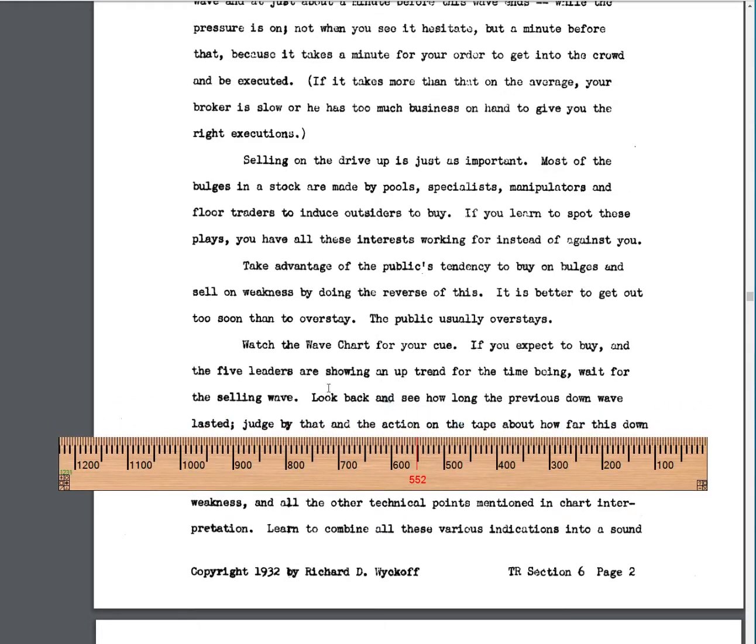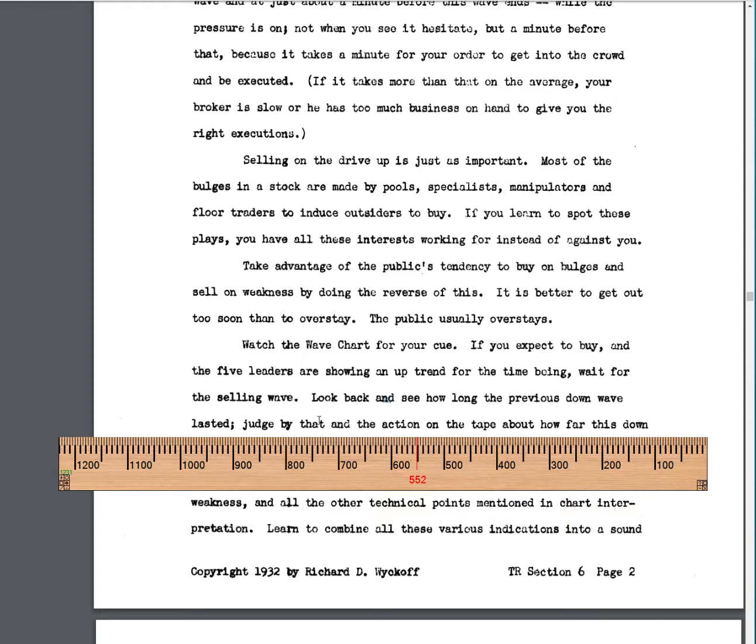So he's trying to measure how long this current down wave is going to last. One measure of this is by looking at the prior down wave. So you saw that the last pullback lasted 15 minutes and went down, just for the sake of clarity, 3 points. So 15 minutes, 3 points. From that, you estimate that the current pullback should be around 15 minutes and 3 points also.